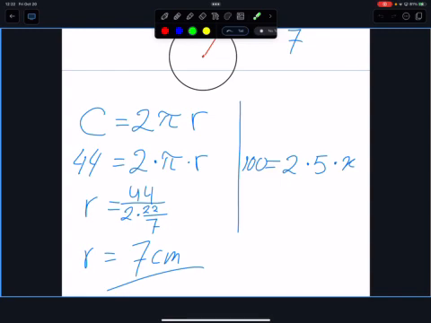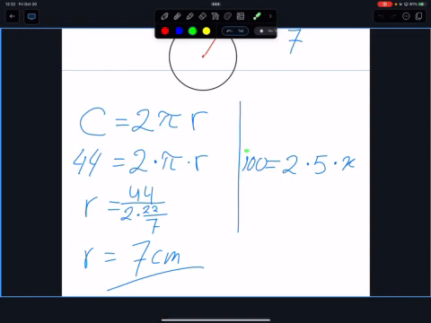The question is, how do I get to that answer? I will make an easier equation. 2 multiplied by 5 multiplied by a number equals 100. 2 multiplied by 5 equals 10. What multiplied by 10 equals 100? The answer is 10. But how do I get to that answer? How do I get to that 10?